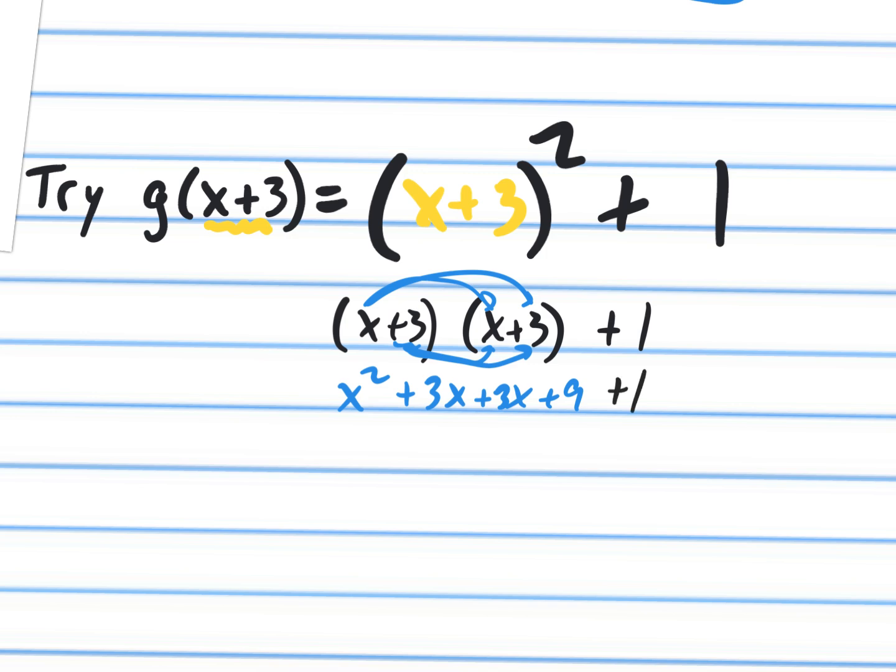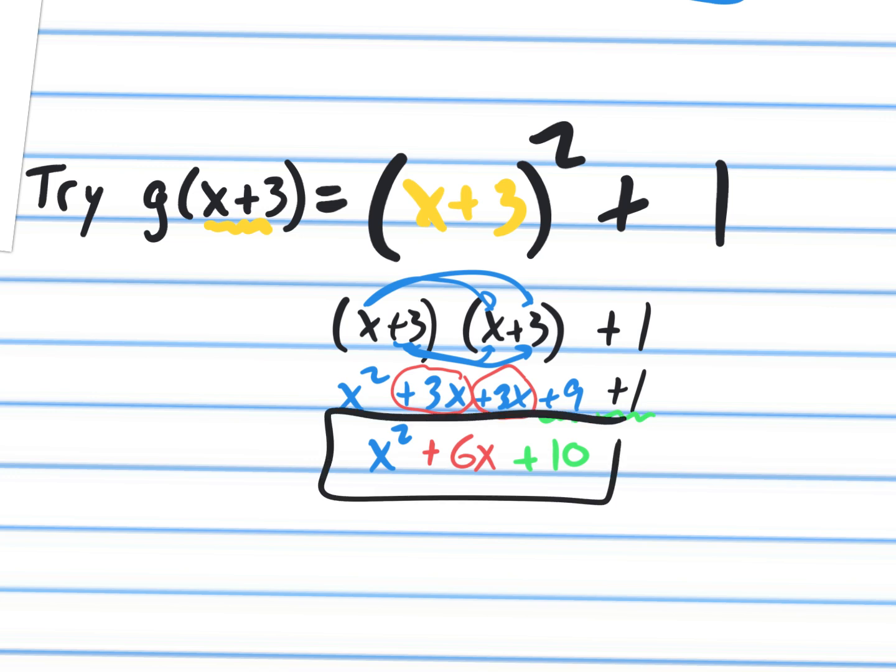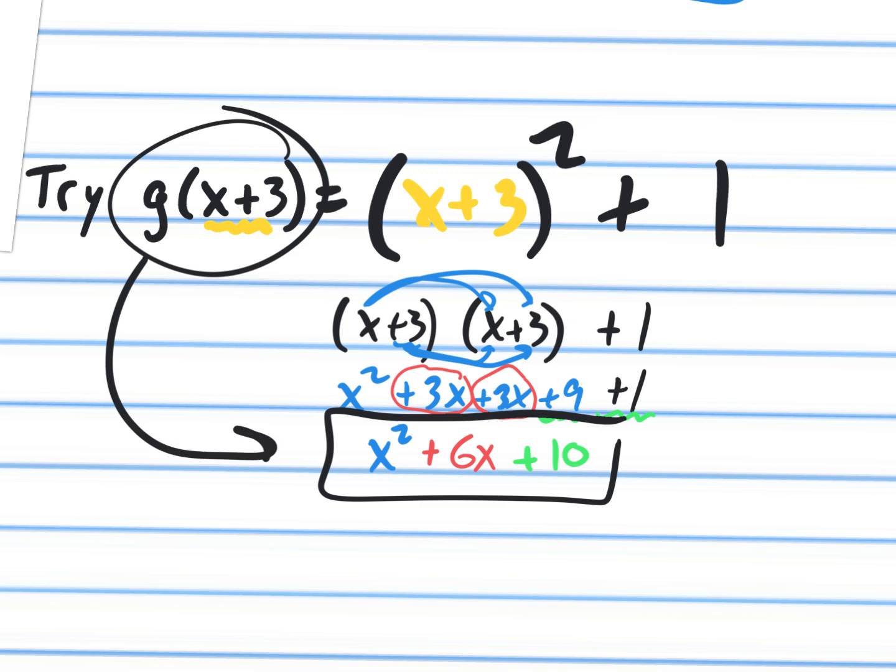Well, you could combine the middle term 3x with the middle term 3x, and that'll give you a positive 6x. Then, of course, you bring down that x squared. And what about the 9 plus 1? You could combine those, and that'll be a 10. And there's your final answer. It's a quadratic trinomial. So g of x plus 3, the answer is x squared plus 6x plus 10.